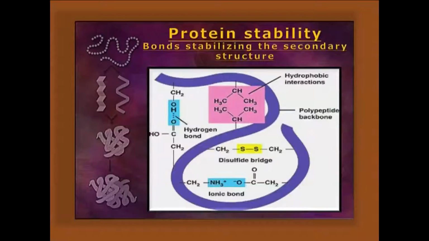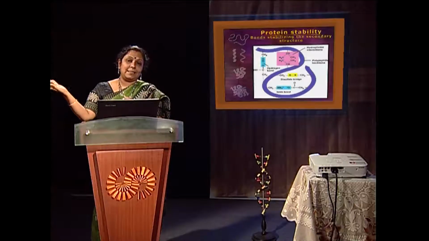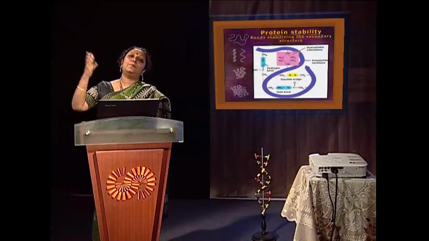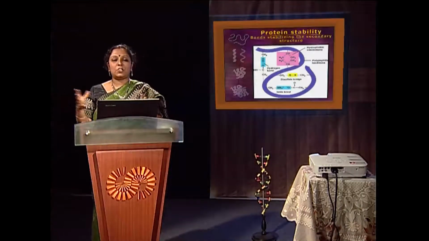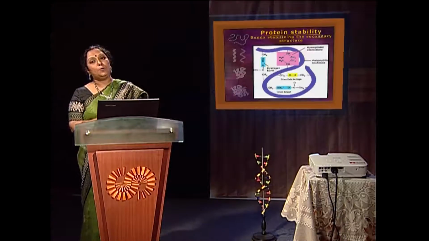So these actually impart the compactness of the protein because the hydrophobic residues are buried inside to avoid thermodynamically unfavorable interaction with the polar solvent. So polar residues will protrude outside.